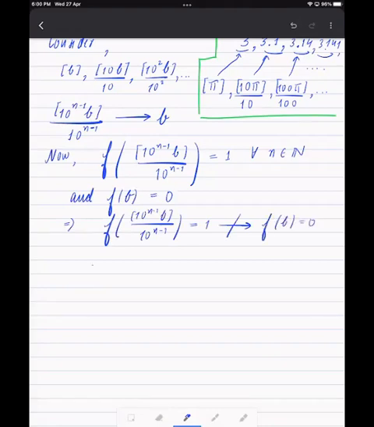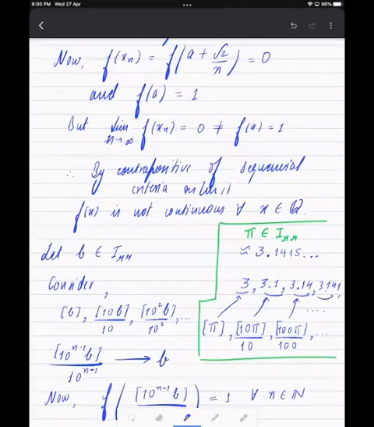Therefore, the function is not continuous for all b belonging to irrational. Combining the first and second statements, it is not continuous on any rational, not continuous on any irrational, so it is not continuous on any point of the real numbers.